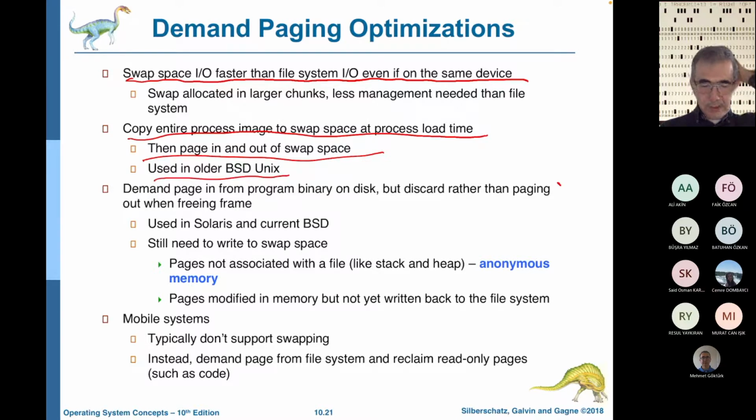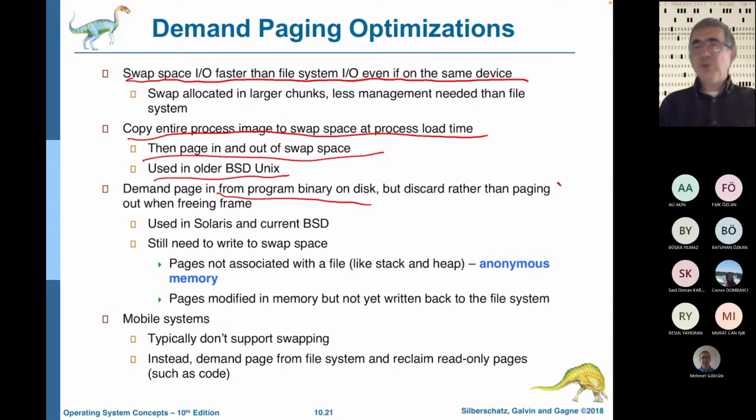In Solaris, get the program from disk. Instead of getting everything copied to virtual memory at the beginning, when they are needed, get the pages from the program binary code, and if you are going to swap out, then you can write it back to virtual memory.